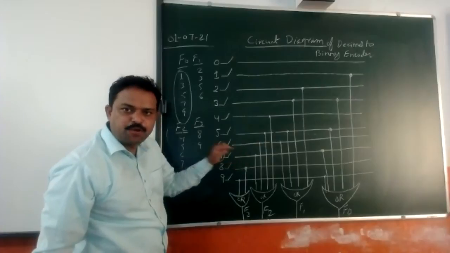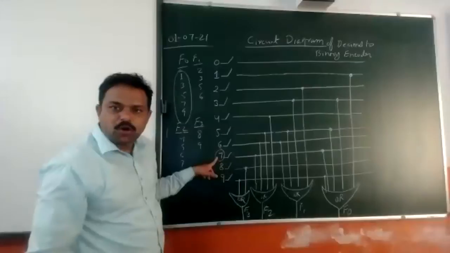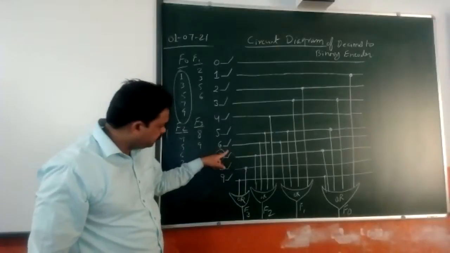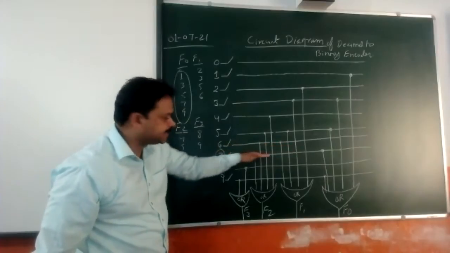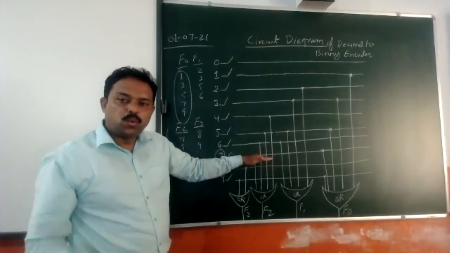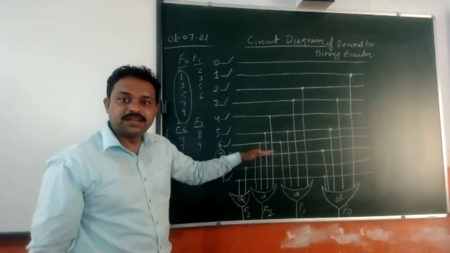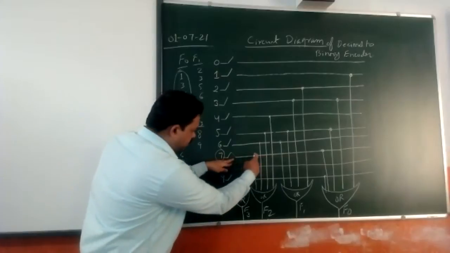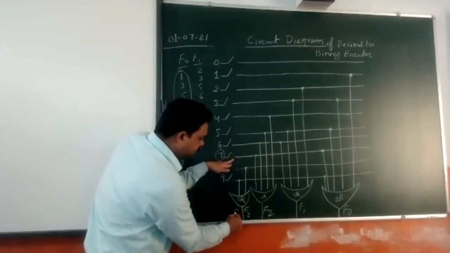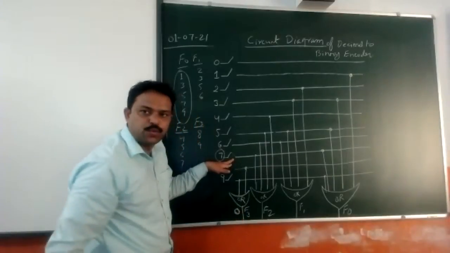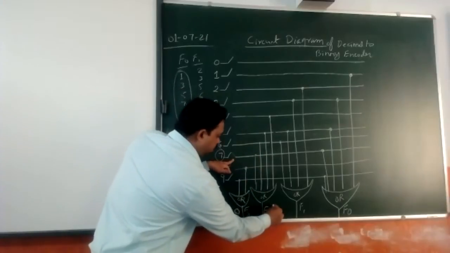When you press 7, it will become a closed circuit. Signal will flow in this line. Now just check it. Which gate has been connected with this line? 7. This is not connected, so here you will get 0. This gate is connected, so here you will get 1.